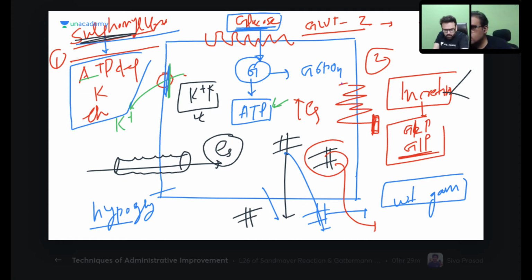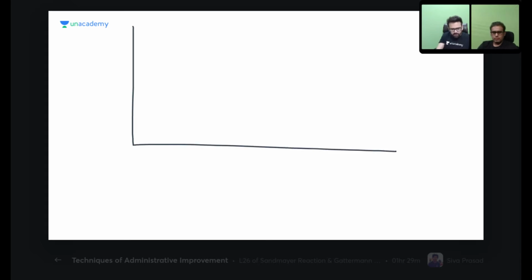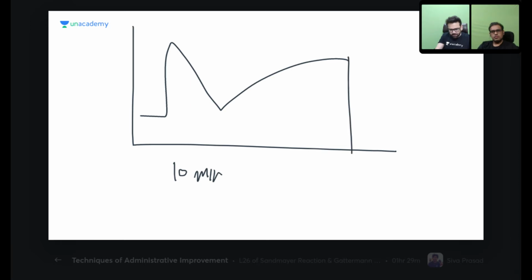Now, is the release of insulin in one phase or two phases? Suppose you are taking food; initially it releases like that, in the first 10 minutes, and then it takes 80 minutes. So that is called the biphasic response of insulin.